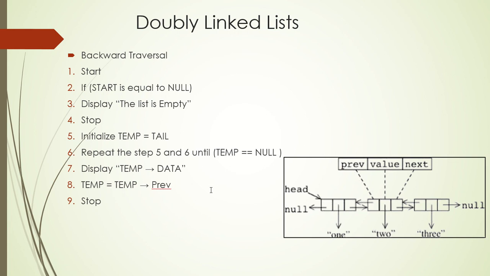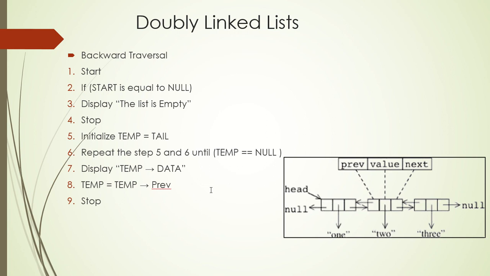Else, you set temp to point to tail, where tail is the pointer that points to the last node of the list. Just like we have start pointing to the first node, tail has the address of the last node of the list.